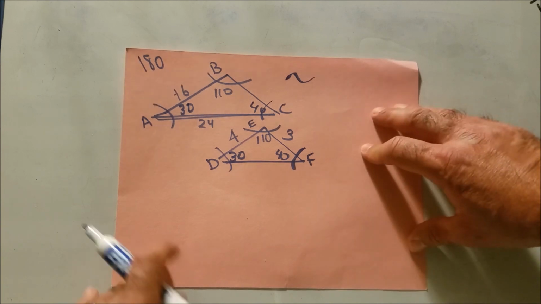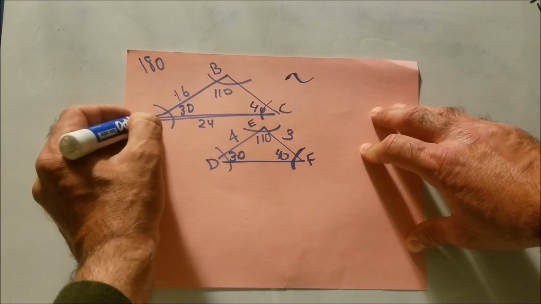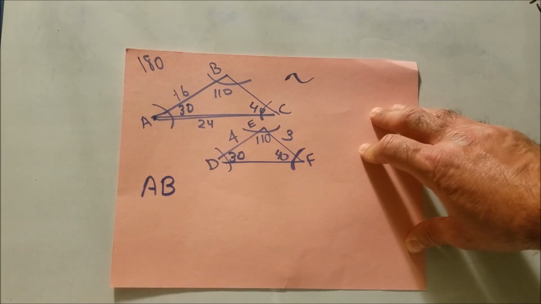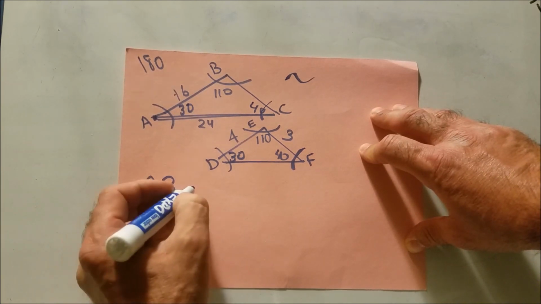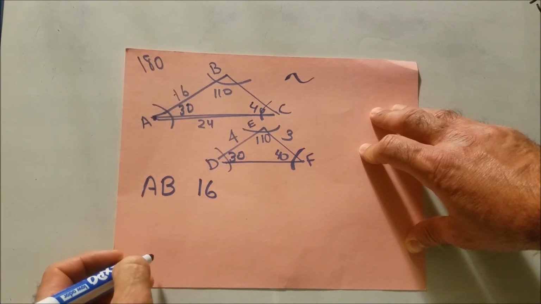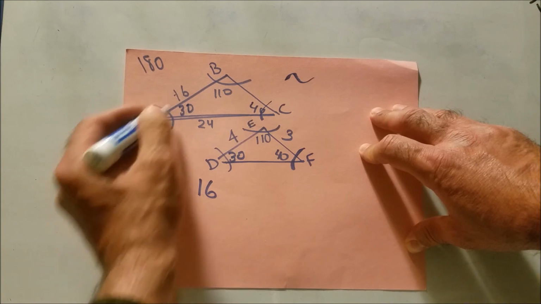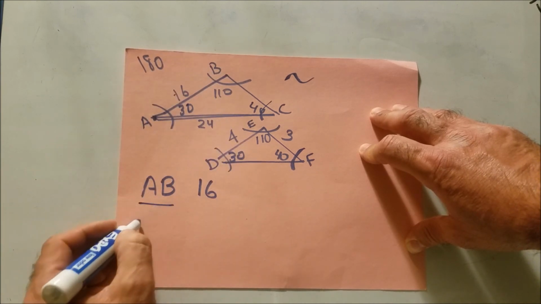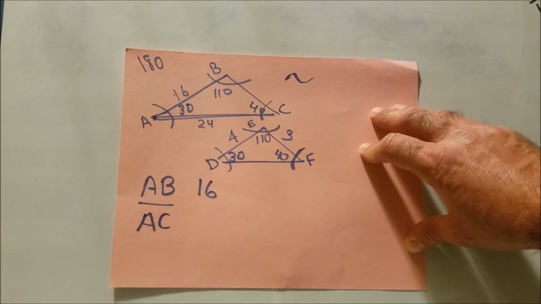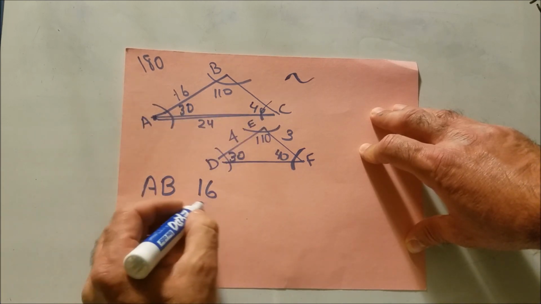So now let's look at these lines for a minute. We have a line here. A to B is line AB. Right? And we know that line AB is 16. It says 16 right there. So let's say we have line AB, and then we do a ratio of line AC. So what is AC? Right there, it's 24.